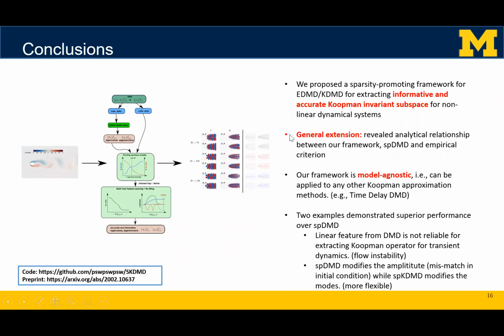And in summary, we have proposed a sparsity-promoting framework for the EDMD and KDMD for extracting an informative and accurate Koopman invariant subspace for a nonlinear dynamical system. As a general extension, we revealed the analytical relationship between our framework, SPKDMD, and empirical criteria. Our framework is model agnostic, which means it can be applied to any other Koopman approximation methods, for example, time delay DMD.